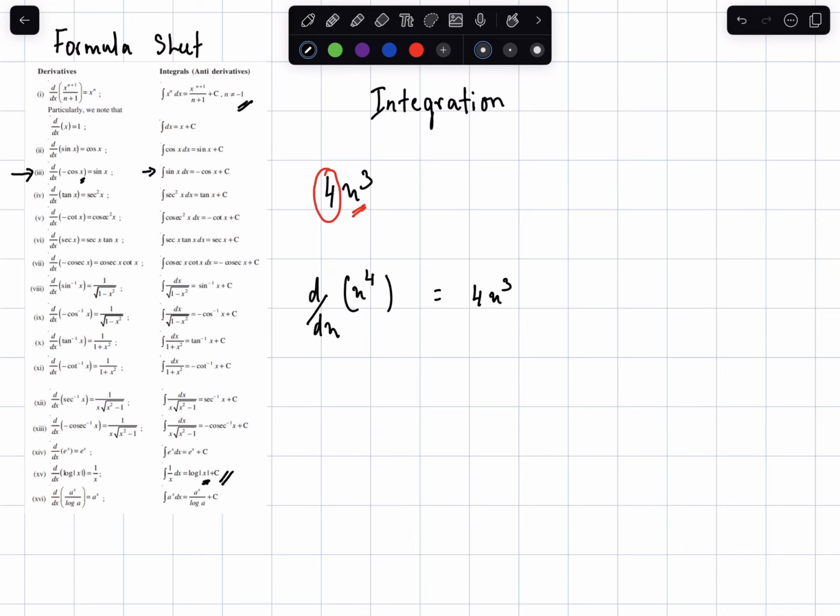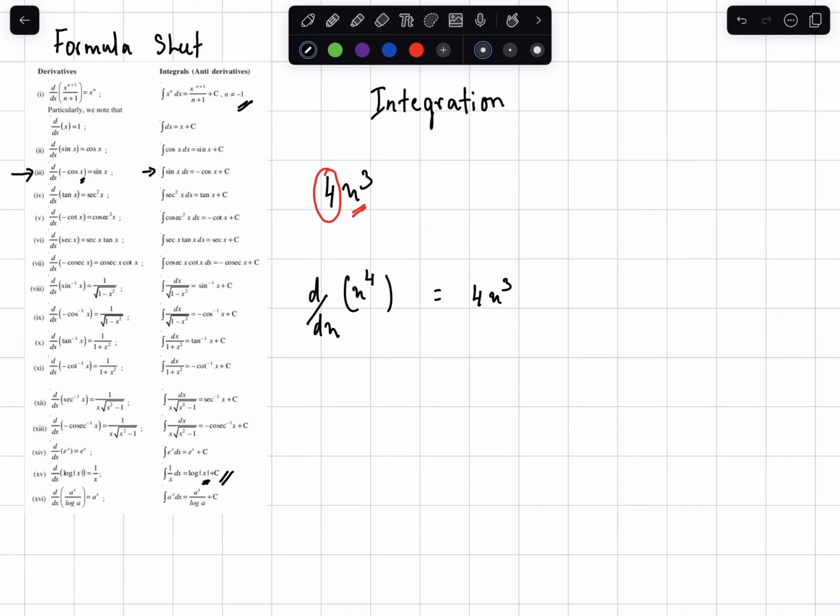So by the method of inspection, we've actually found it. I just thought of how the differential would happen. So in order to get x cubed from a differential, I would need x to the power 4. And if I differentiate x to the power 4, I get 4x cubed. And remember, whatever is after the d by dx, this is only for the method of inspection. I don't want you thinking that this is going to be the whole questionnaire.